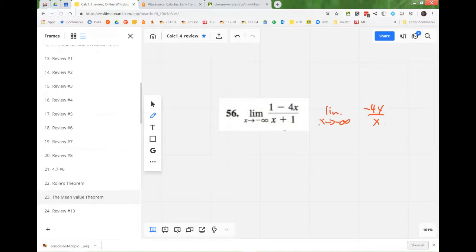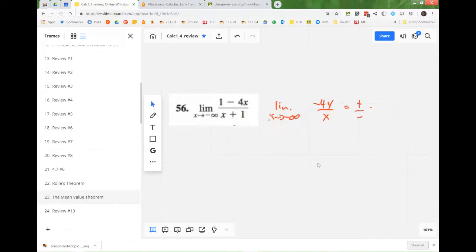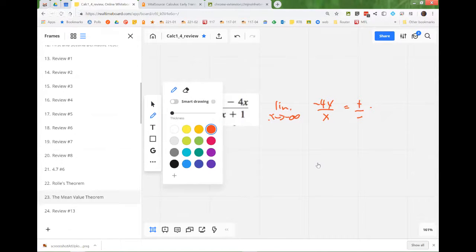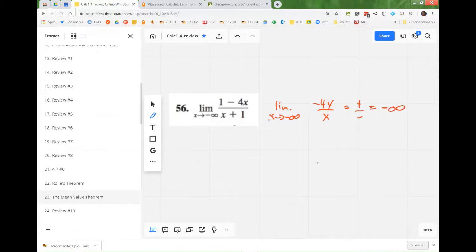And now if you plug in a negative infinity, on the top you're going to get a plus, on the bottom you're going to get a negative, and so the answer is negative infinity. Because the 1 and plus 1 have almost no effect on the problem whatsoever. So the sign changes on the top and the sign changes on the bottom, and still negative.